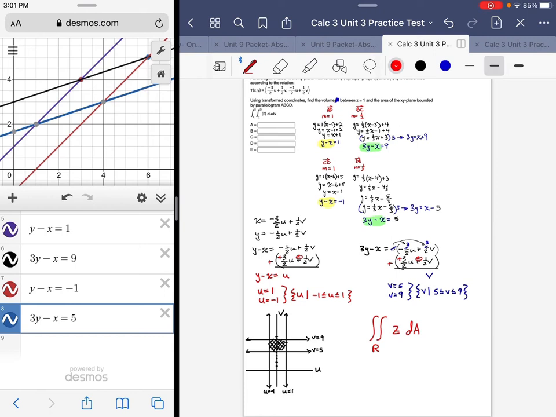So what we did was we transformed this to the UV coordinate system. So instead of dx dy, I have du dv, or dv du. It doesn't make a difference because it's a rectangular base region. I can go either way.